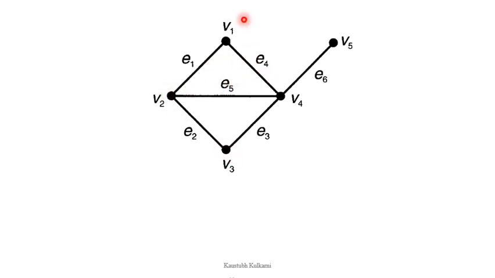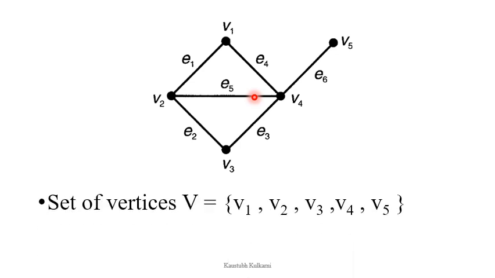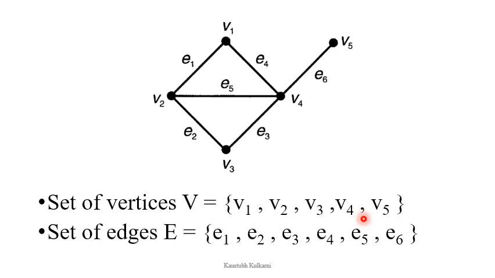So edges indicate matches. The presence of an edge means a match has been played, so you can call it a tournament graph. In this case, the set of vertices is V1 up to V5 and the set of edges is E1, E2 up to E6.